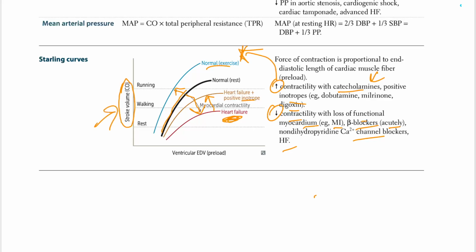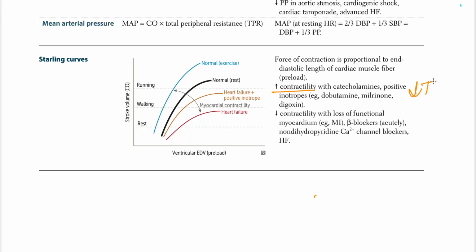Okay, so that's what we have. The extra thing is that they're saying just the increase in contractility, but the second thing you have to know is that this is not just one thing. It also depends on when you decrease the TPR. So two things: TPR and contractility. Either you increase contractility, or you decrease TPR.